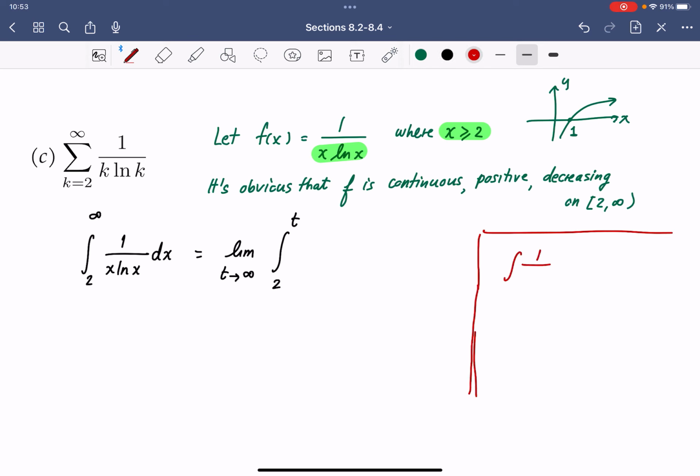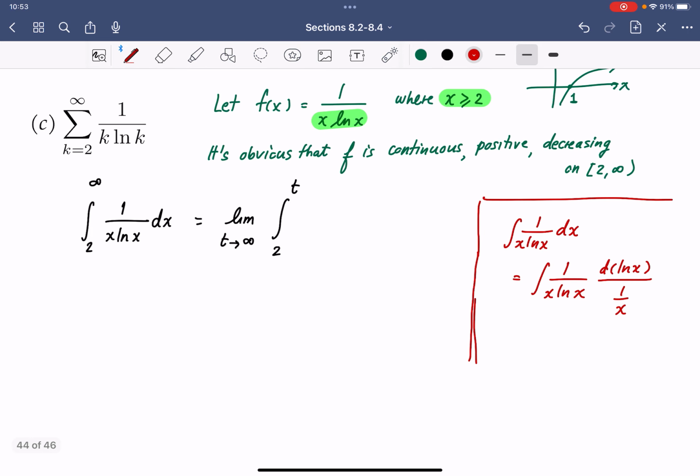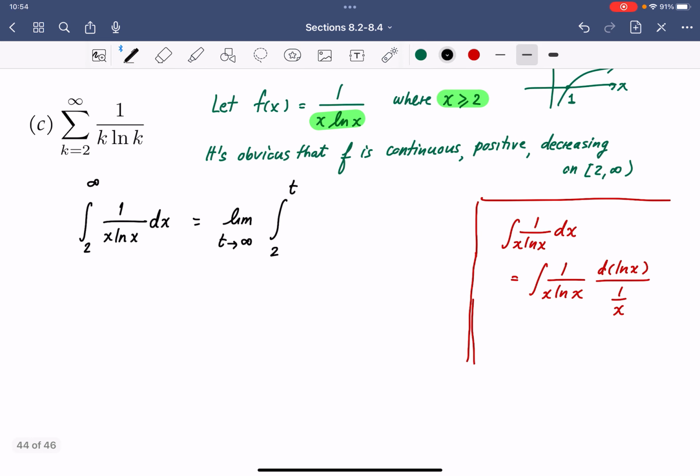What is the integral of 1 over x log x dx? You pick u to be log x, right? And then you get 1 over x here, because this is similar to what we learned in Cal 1, where we pick u to be log x. So this can cancel out. And then now you have 1 over u du. When you integrate, you should get log u, which is log of log x, plus C, right? Agree? This should be that one.